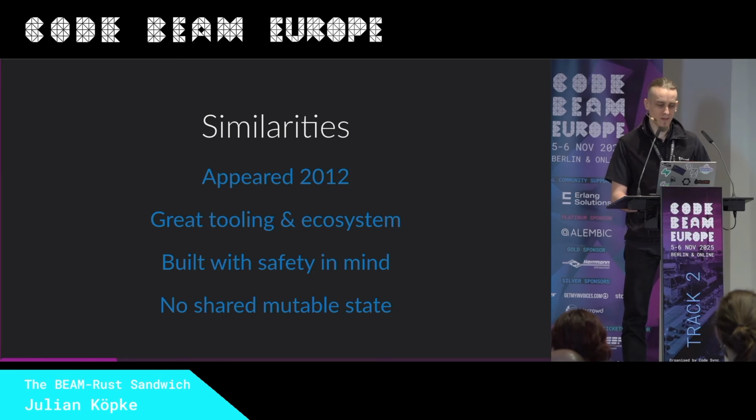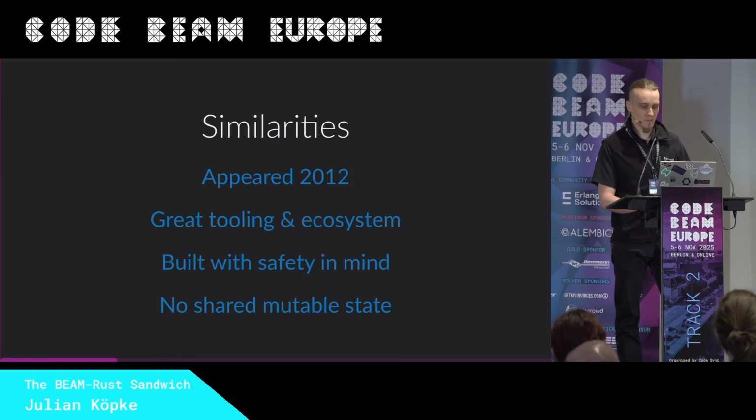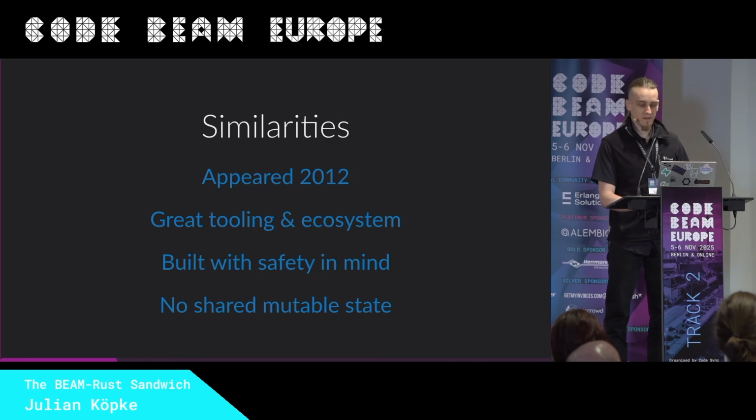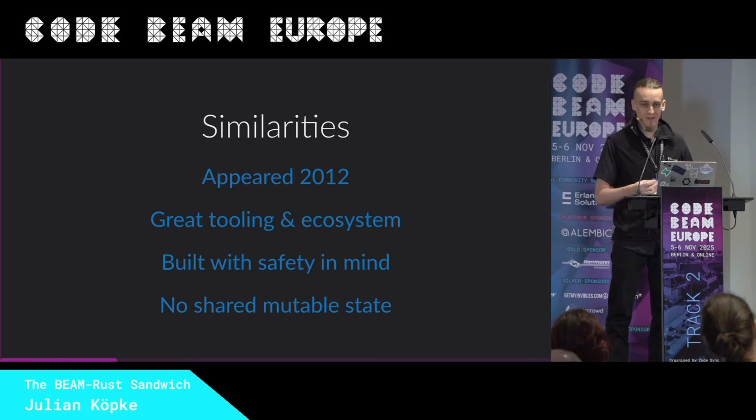They both build on great tooling and ecosystem because they're modern languages, and they are both built with safety in mind, even though they have very different approaches to reaching this safety. And my favorite feature of both languages is that they have a very effective way of not having to manage shared mutable state, which is great, even though they have completely different ways of doing this.